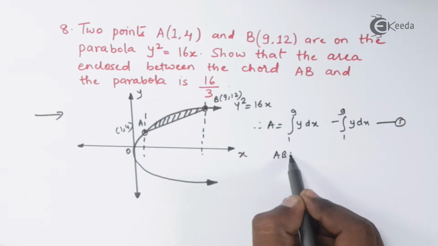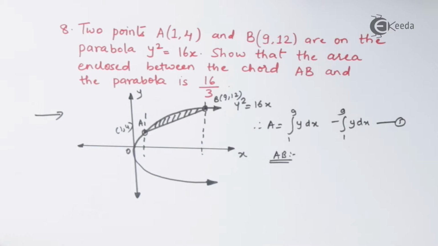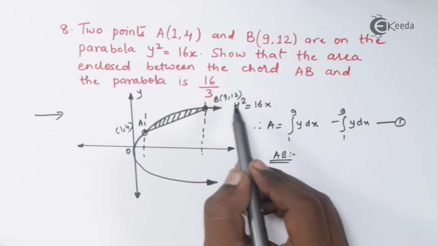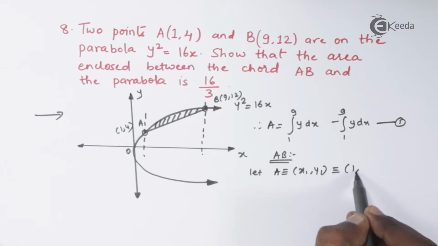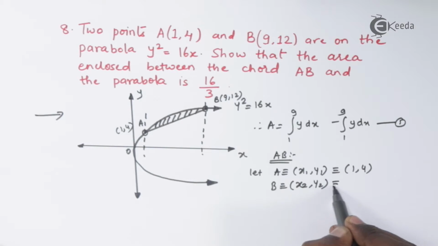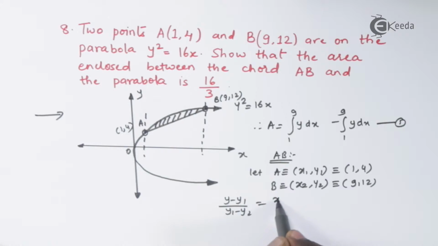For chord AB, we have 2 points A and B, and if we want to find the equation of AB, we can use the 2-point form. For that we can take A as (x1, y1) and B as (x2, y2). So let A be (x1, y1), that is (1,4), and B be (x2, y2), that is (9,12). Further we have the 2-point form as (y minus y1) upon (y1 minus y2) is equal to (x minus x1) upon (x1 minus x2).